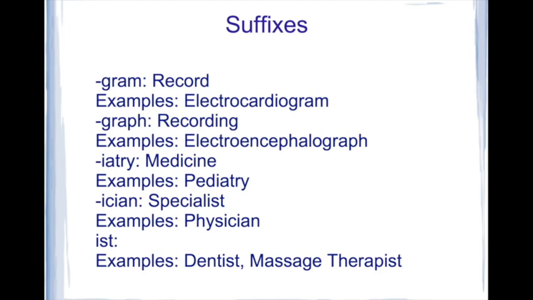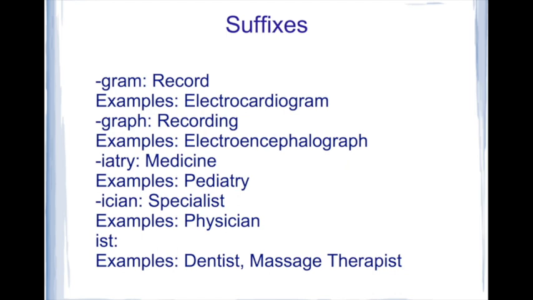Okay, ist, like dentist or massage therapist. So what makes these people different? A lot of this stuff we all kind of share in common, the stuff that we study, but it's when we start to specialize in some of the stuff that we become different things.